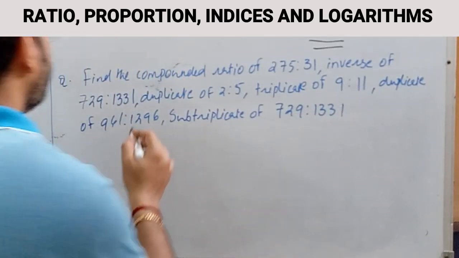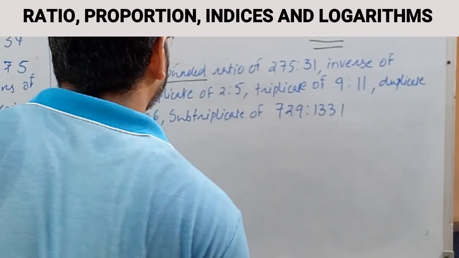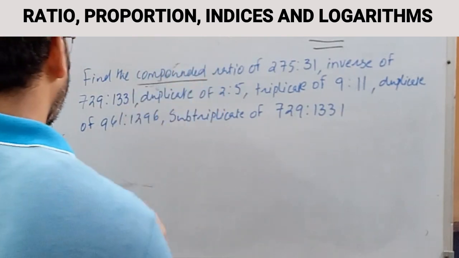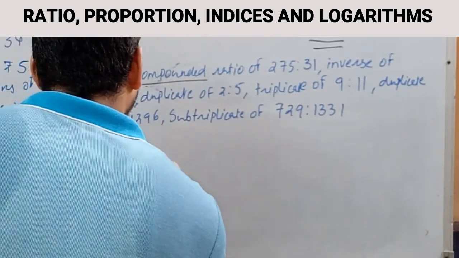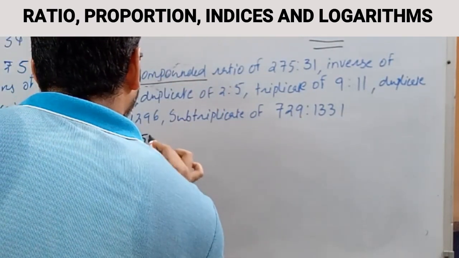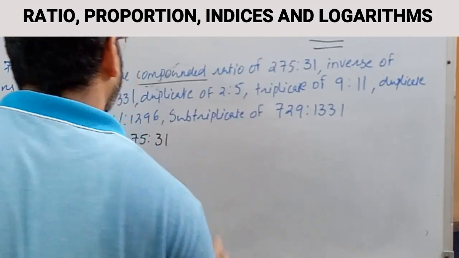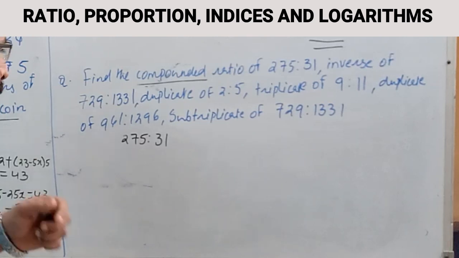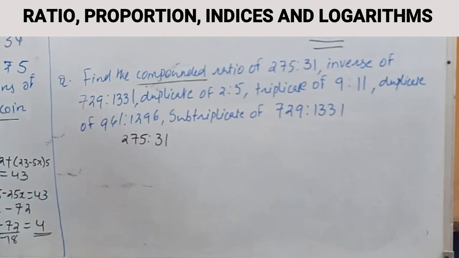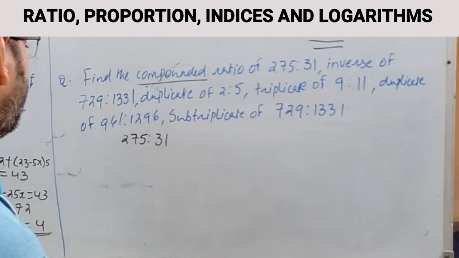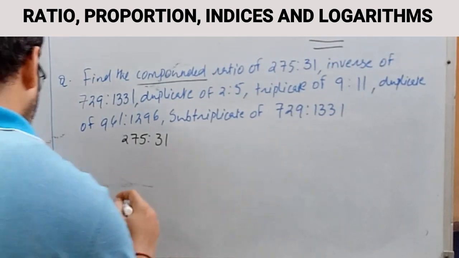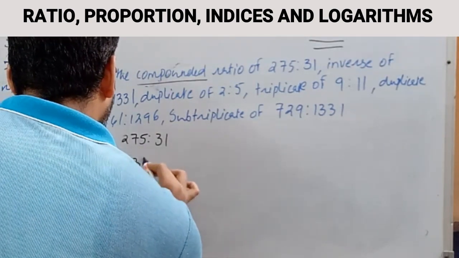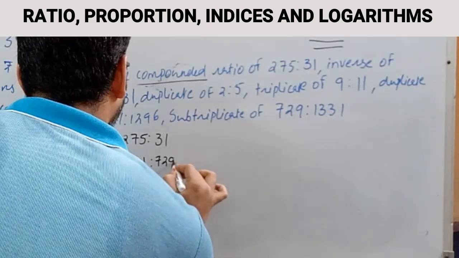Again, find the compounded ratio of 275:31. Then the inverse of 729 is to 1331 is 1331 is to 729.